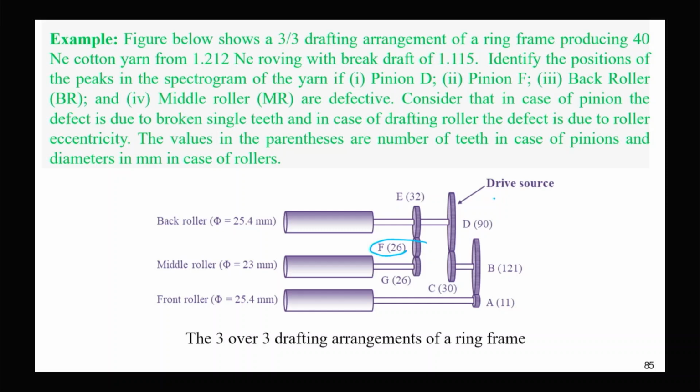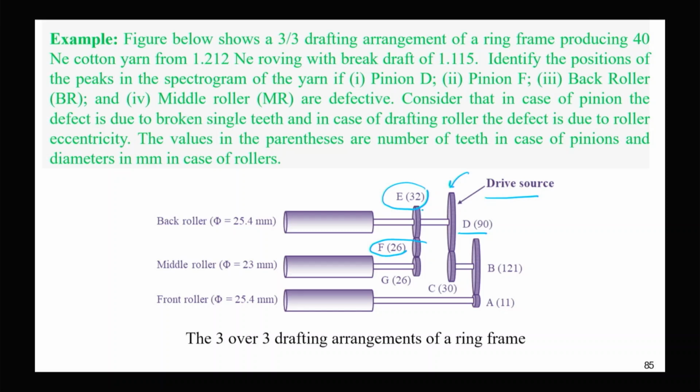D is the drive source, getting drive from somewhere, and from D the pinion E is getting drive; they are on the same shaft.